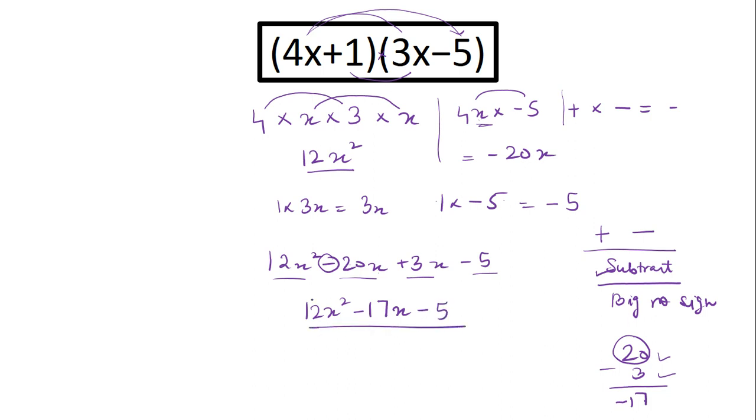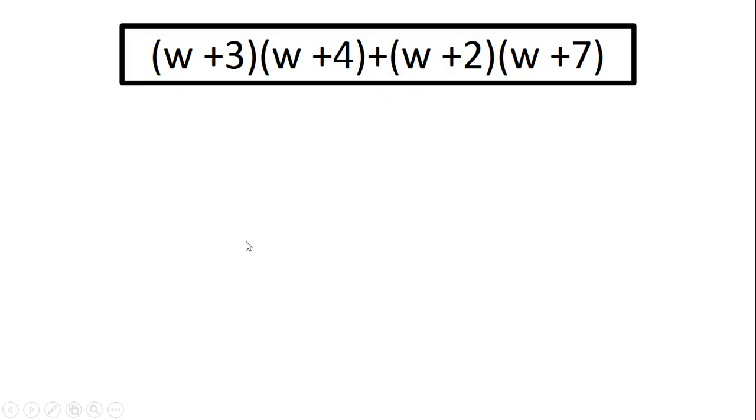So this is my final equation, which is known as a quadratic equation because it has an x squared involved. So 12x squared minus 17x minus 5 is my quadratic equation that I found from multiplying these two pairs. Moving on.